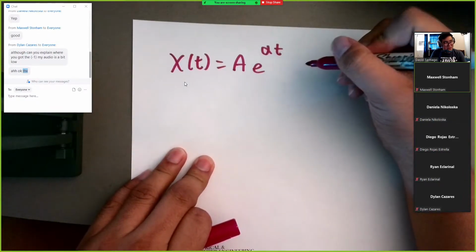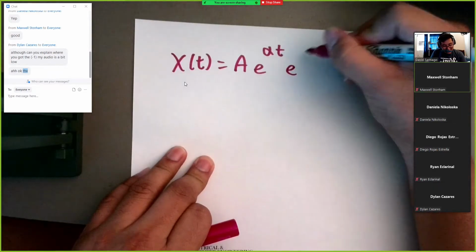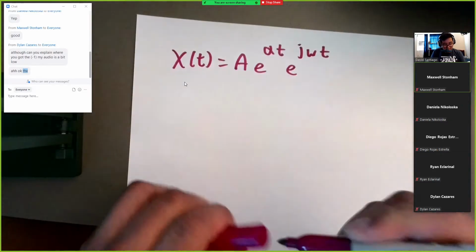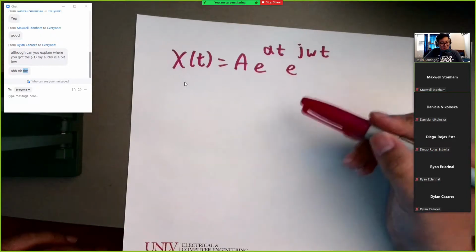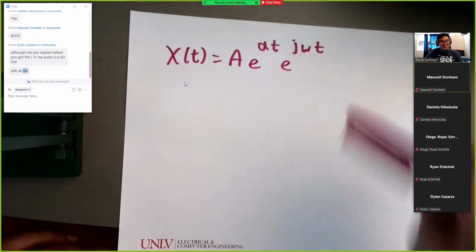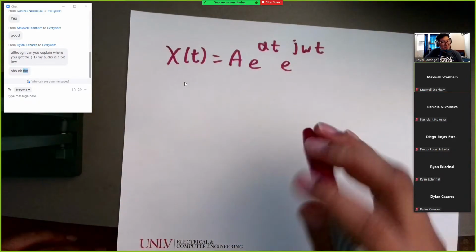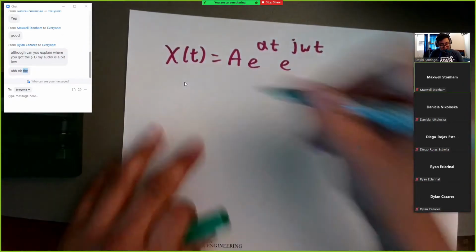And now, does it spin? Does it do any cool wiggles? e to the j omega t. So this right here is the most basic signal of all time. If you were to memorize one signal for your entire life, every signal in signals and systems has an amplitude. Let me write that down: amp.